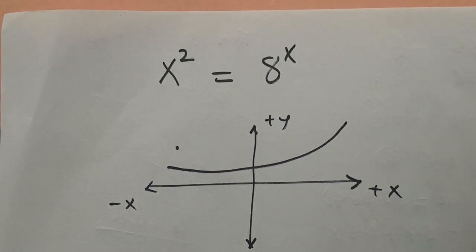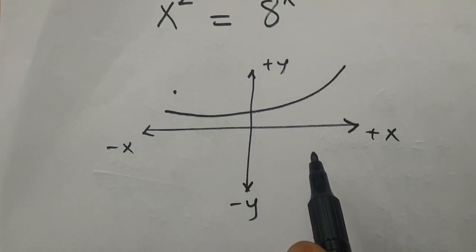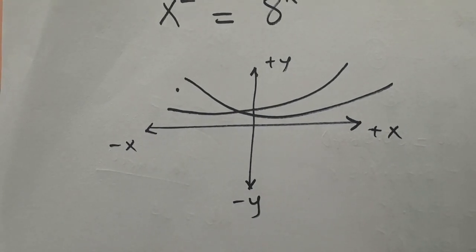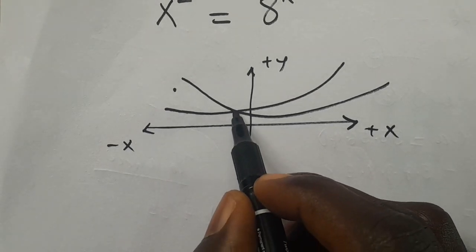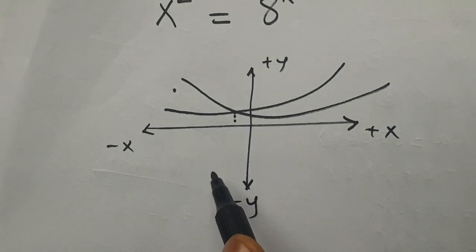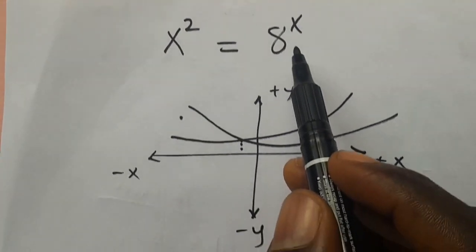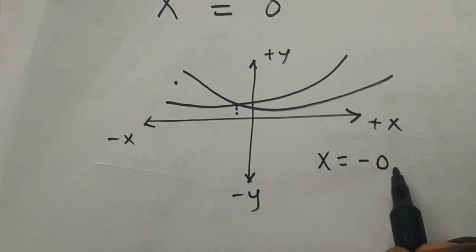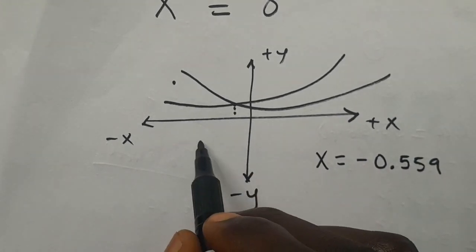Now, in the case of 8 to the power of x, then we are going to have the graph as this. So from here, we can see that at this point there's a kind of intersection, and that is why this one is exponent, this one is also exponent, and that's why we have the value of x equals minus 0.559 located at this point, minus 0.559.